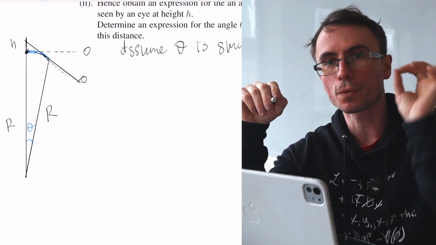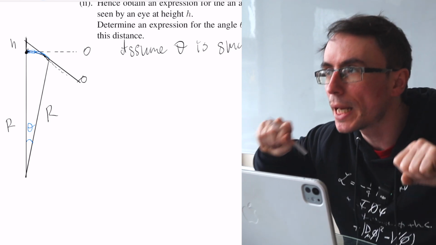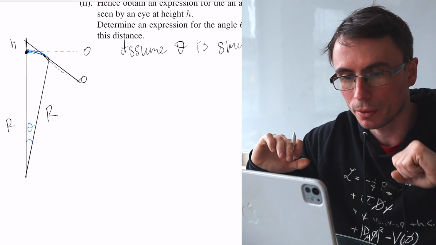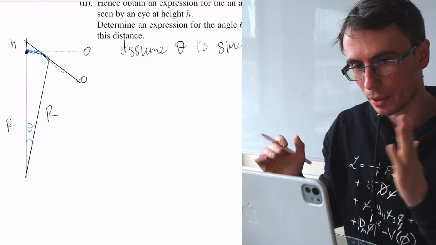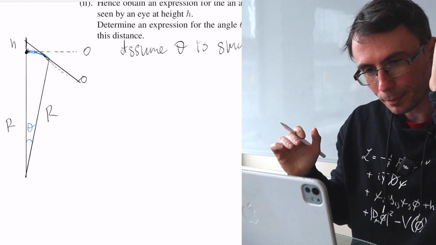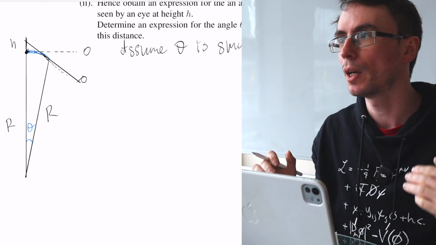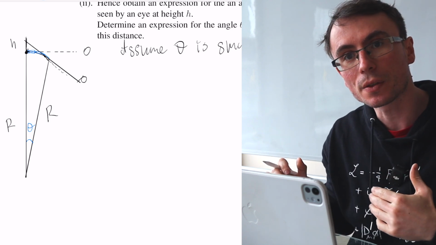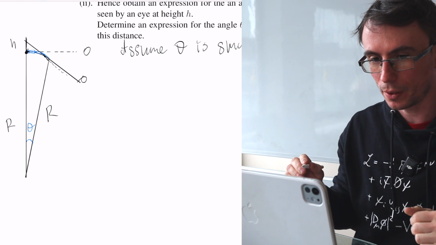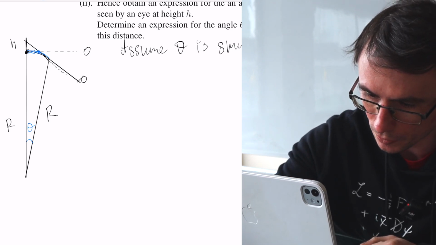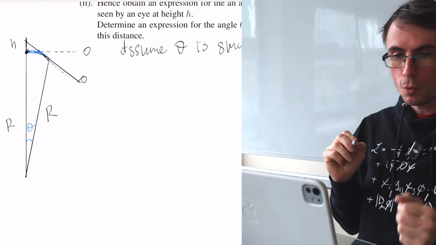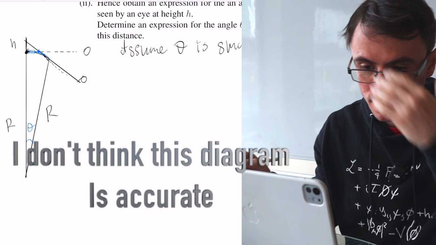Whereas if you're right on the horizon, if you're lying down and looking at the sunset on the beach, your distance is r theta. But as soon as you jump up, that angular distance becomes smaller because the line of intersection is somewhere here.